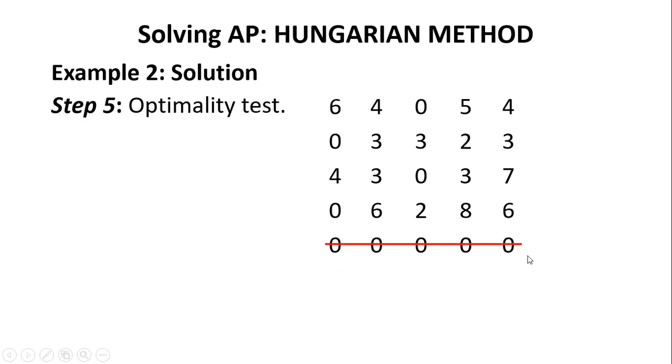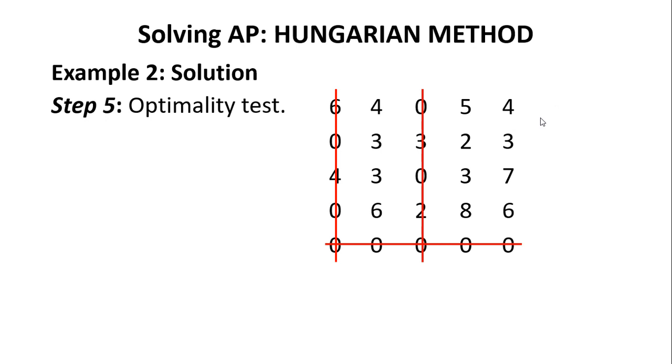We are going to cover those 0s, followed by this column which has 2 zeros. We're going to cover that, and the other column is this one, which has 2 zeros. So you can see we have covered all zeros with the minimum number of lines. Okay, how many lines do we have? We have 3 lines covering all the zeros in this matrix, but the order of this matrix is 5 by 5.